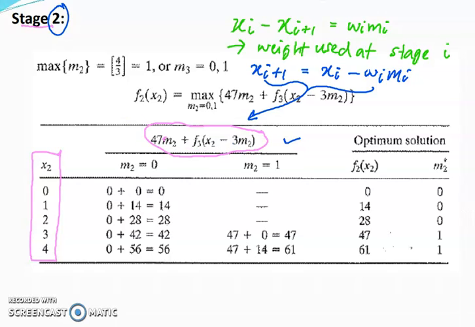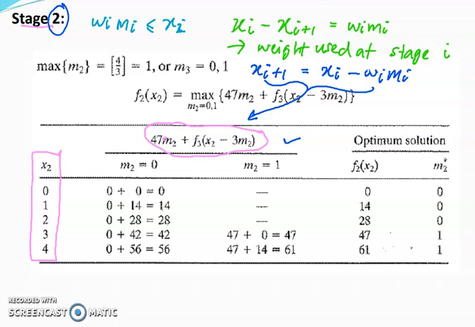At the same time, don't forget, we still apply the constraint of wimi is less than or equal to x2. So first we have to identify which one is infeasible and which one is feasible.